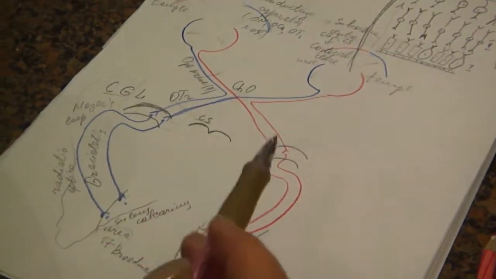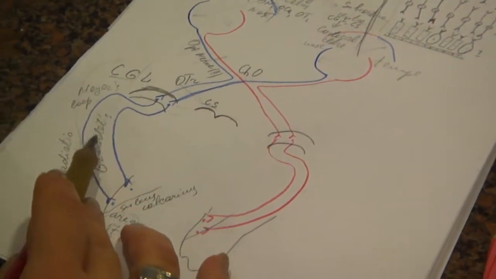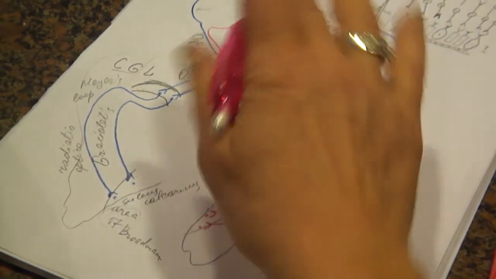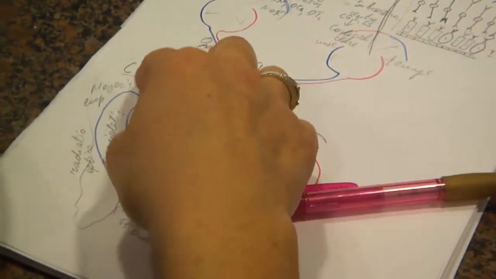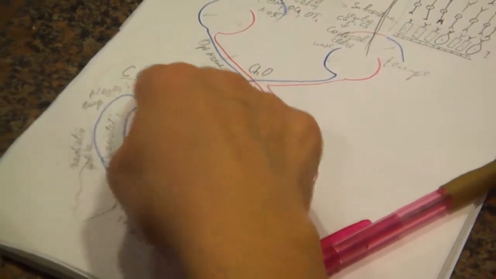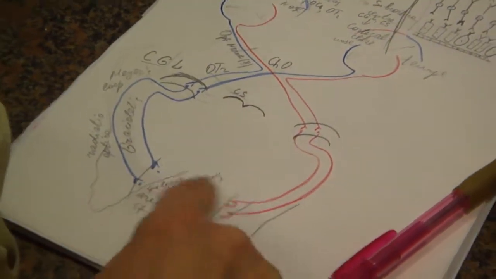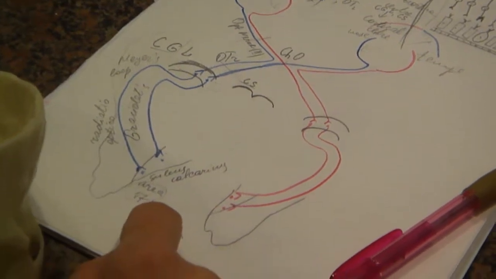Because Meyer's loop goes through the temporal lobe. It is called geniculostriate, like stria, lamina, white matter fibers, passing through the frontal temporal lobe to the occipital lobe, sulcus calcarinus.